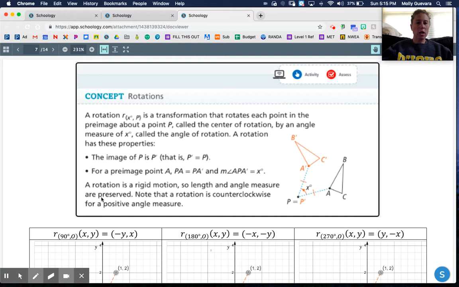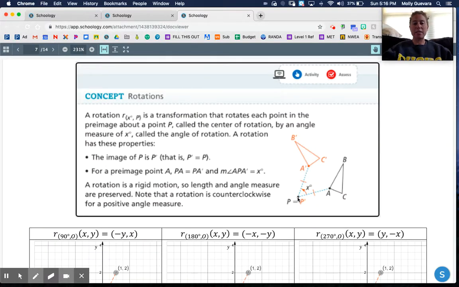Okay, so a rotation, notice here's our notation. Lowercase r, the first number is the degrees, right? Angle measure of x degrees. And then the P is the point that you are rotating around. Okay, so the image of P is P prime.